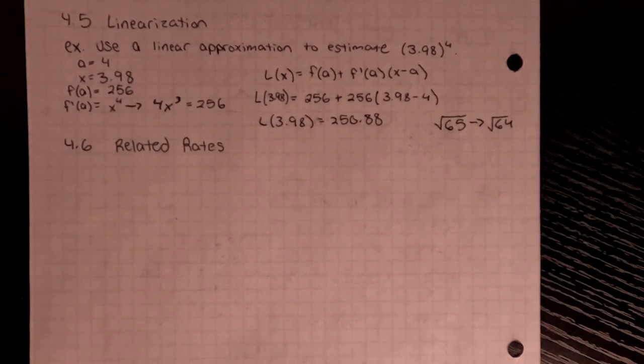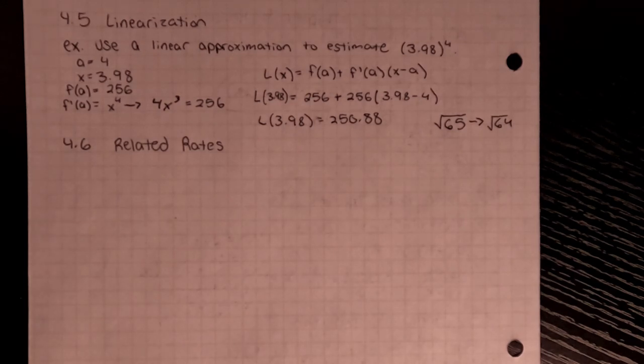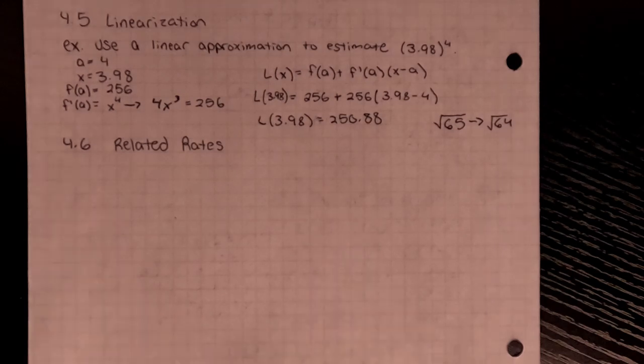So the most common types of related rates problems that will likely show up on the exam are the problems that involve conical tanks. There was a lot of questions about that, and it's a very common one to see show up. So we're going to do an example of those ones.